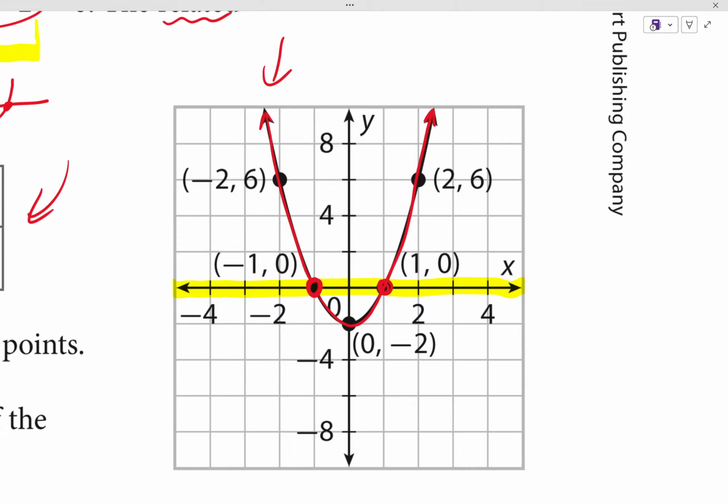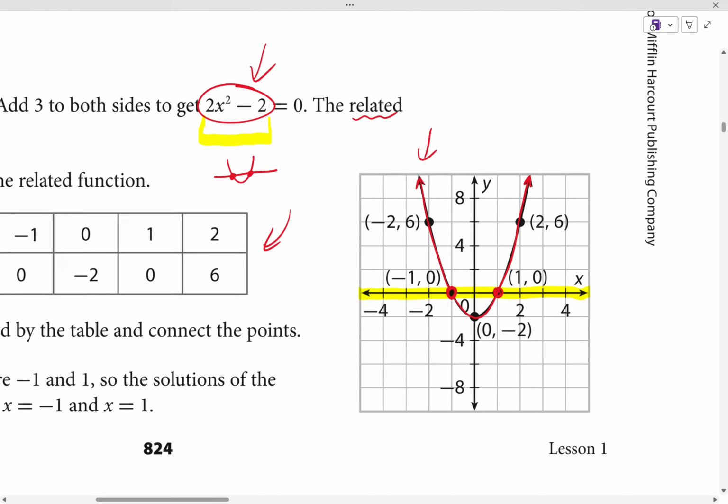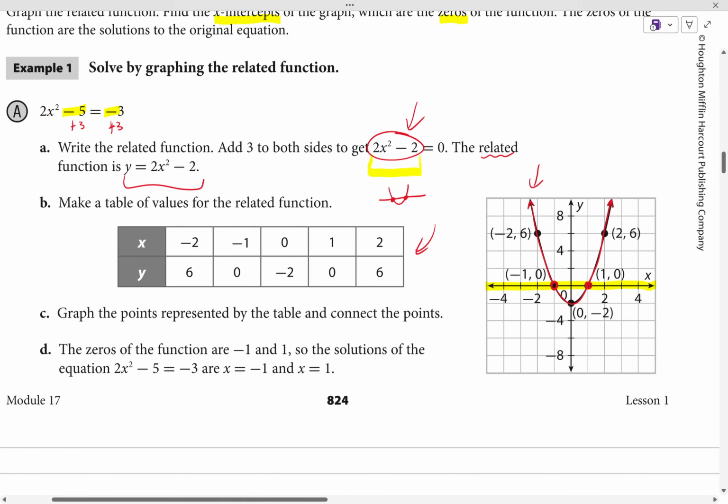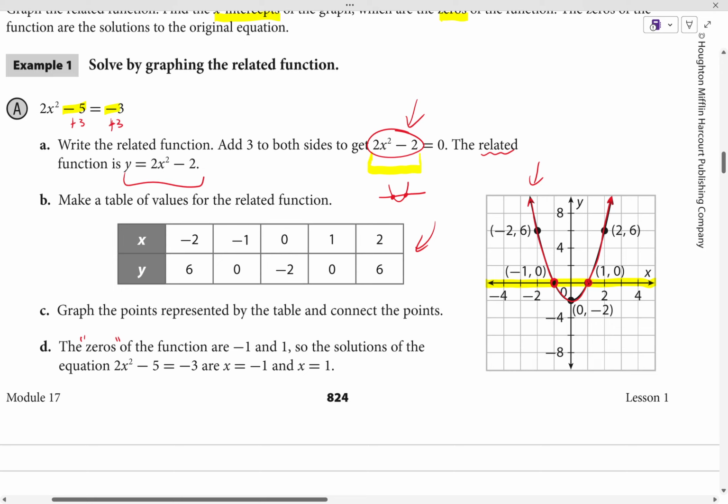Also, here's another point where it's intercepting the axis. So this quadratic, we would say it has 2 zeros. Not the number 0, but we call it a zero. The zero is the x value of those x-intercepts. So it's going to be negative 1 and 1, because my x value here is negative 1, and my x value here is 1.